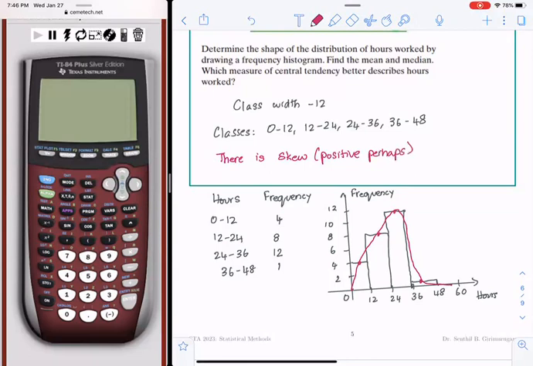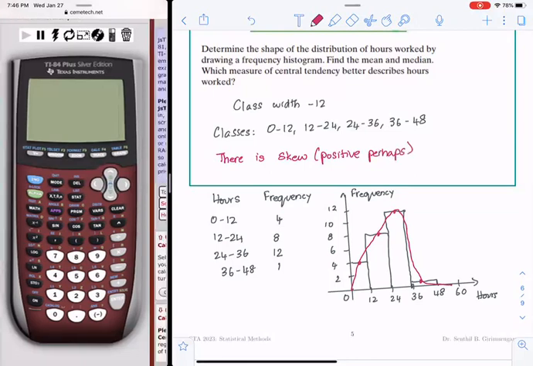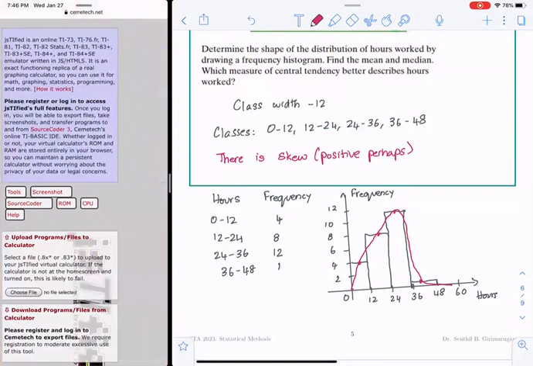And let's put it in the calculator and see what the calculator decides as a class width. So I went for a class width of 12. If I reduced and used a different class width, my histogram is going to look different, but is it going to look better? I do not know. So it's very subjective in choosing the class width, and requires a bit of experience to come up with the correct class width.